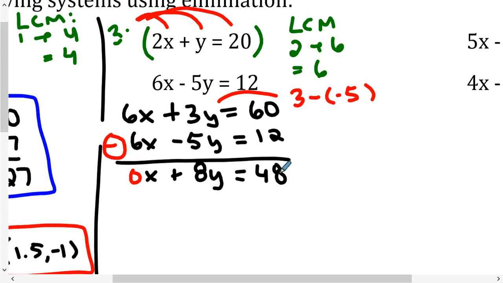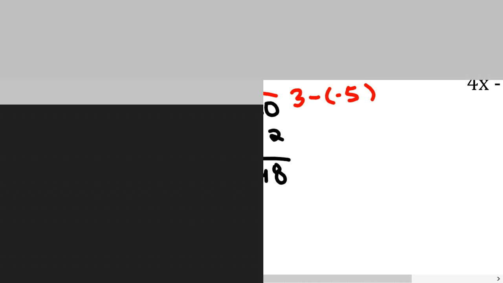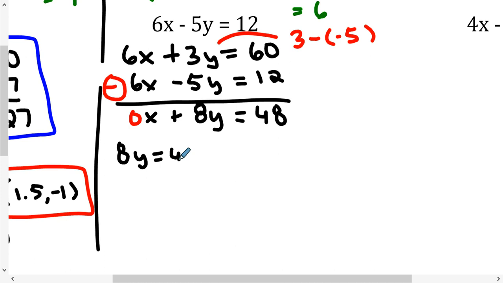So when we subtract, things are a little trickier, right? Subtraction's always a little trickier because we have to worry about double negatives, but it can be done. If you would have preferred to just multiply this whole thing by -3 and then added, that's an option too. We'll keep going ahead. 8y equals 48.